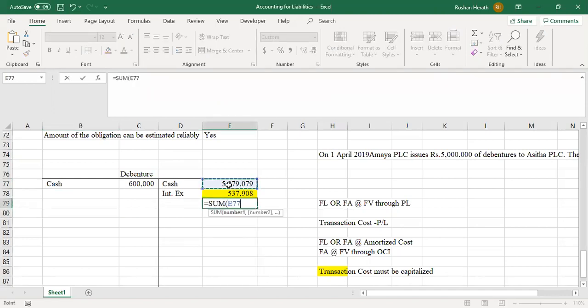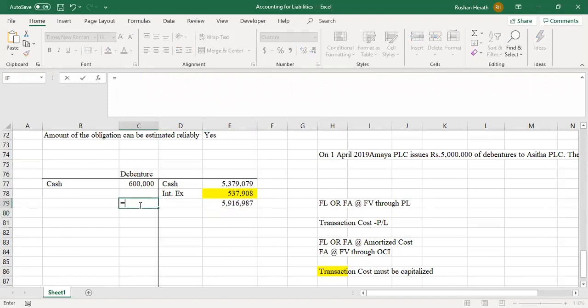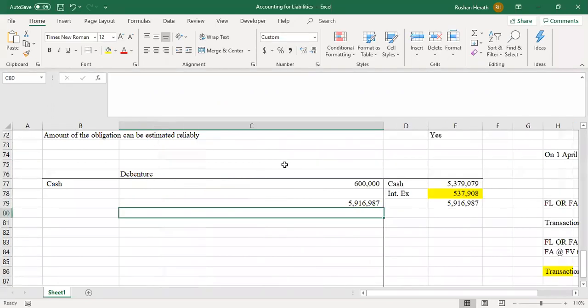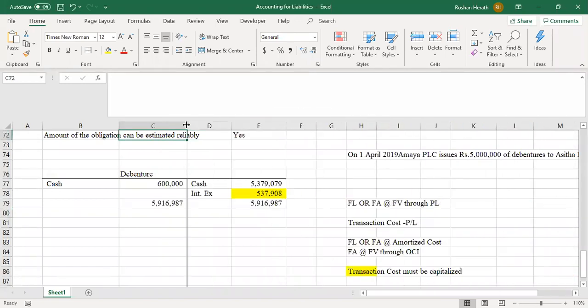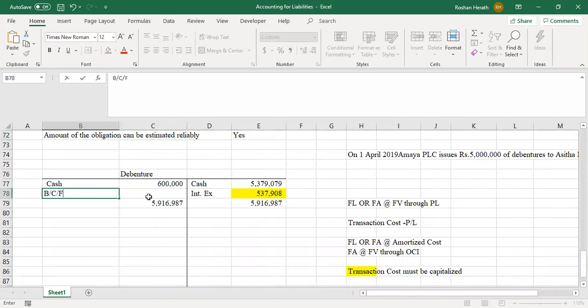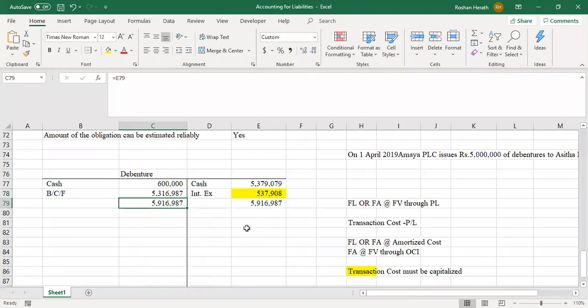So at the end of the first year, you can take the value, outstanding amount. It is called the balance carried forward. And here you get that it's 5,916,987 minus C77.